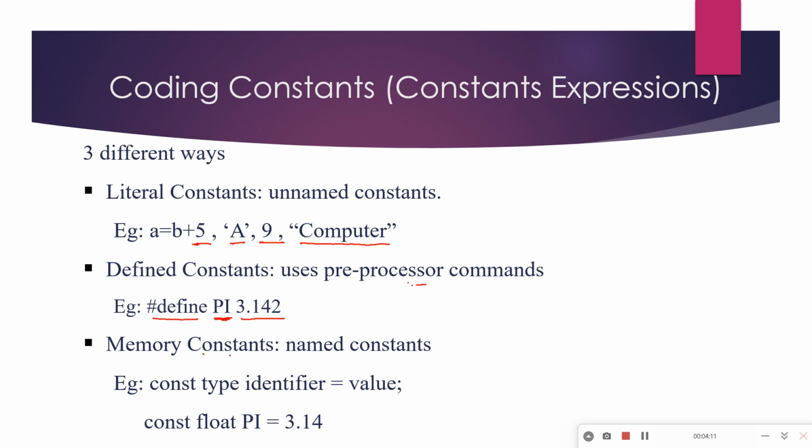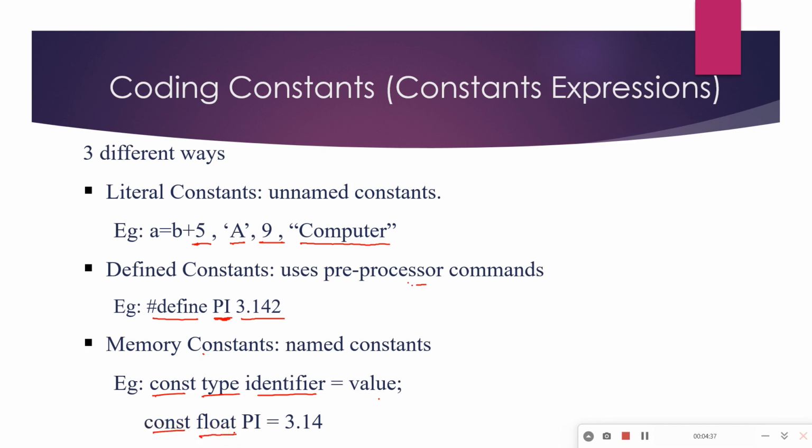Memory constants use the type qualifier const. We already know const. It is one of the keywords, right, out of the 32 keywords. So const, this is just the syntax: const, then the type, then the identifier that is going to be assigned the value. So here I have taken const and float as a data type.